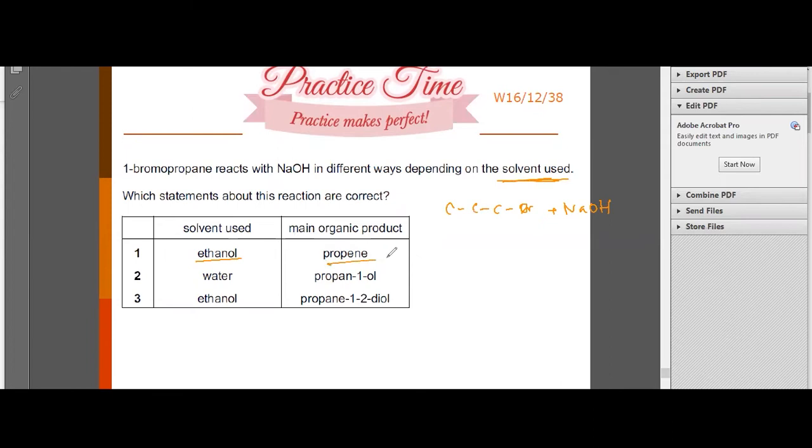Is it correct? Yes, with ethanol, propene will be formed. If you use NaOH in water, propan-1-ol will be produced, right? If you use ethanol, propane-1,2-diol will be formed. No, this is wrong. So only 1 and 2 are correct. So B.